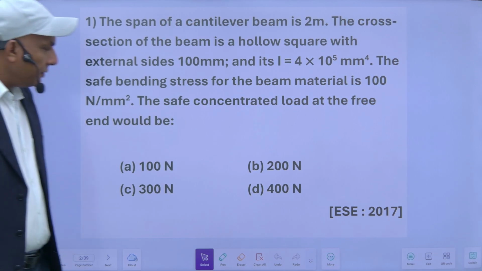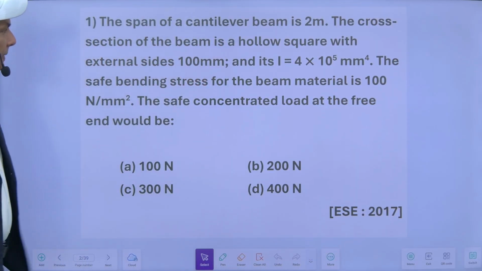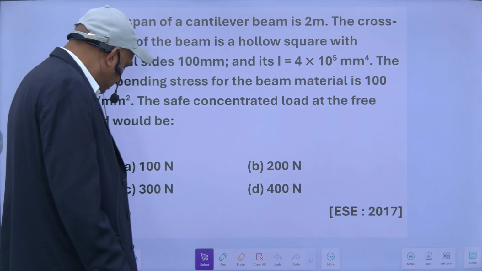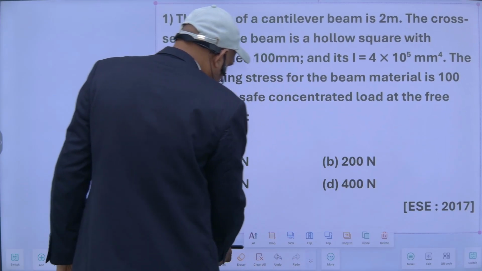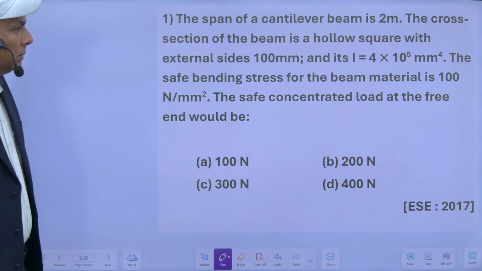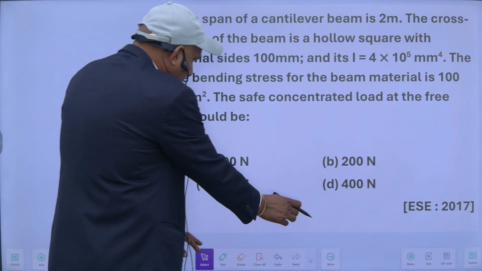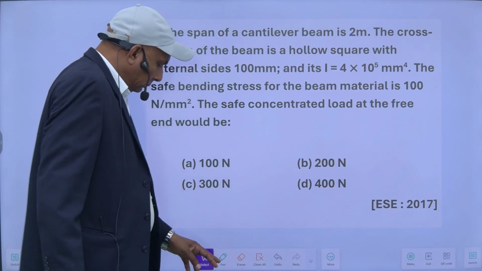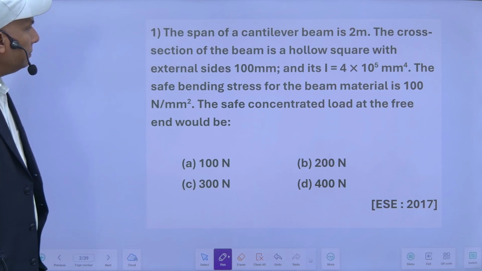This is an engineering services 2017 question. The span of a cantilever beam is 2 meter.